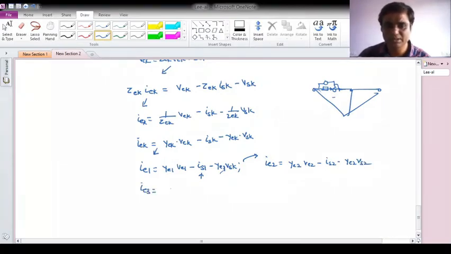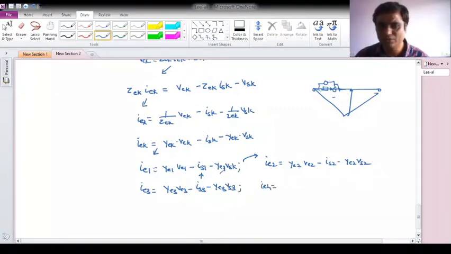Similarly, IE3 will be equal to YE3 VE3 minus IS3 minus YE3 VS3. Similarly IE4 will be YE4 VE4 minus IS4 minus YE4 VS4, if a current source is present in the fourth edge and a voltage source is present in the fourth edge.